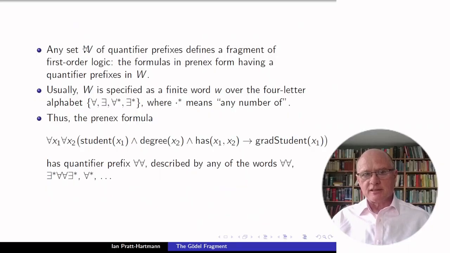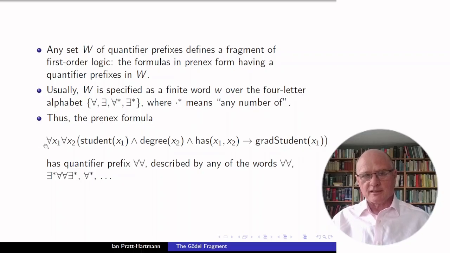Now, any set W of quantifier prefixes defines a fragment of first-order logic: the formulas in prenex form having a quantifier prefix in that set W. Usually, W is specified as a finite word over the four-letter alphabet ∀, ∃, ∀*, ∃*, where star means any number of occurrences of, including 0.